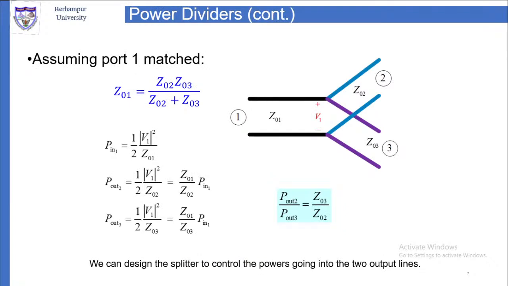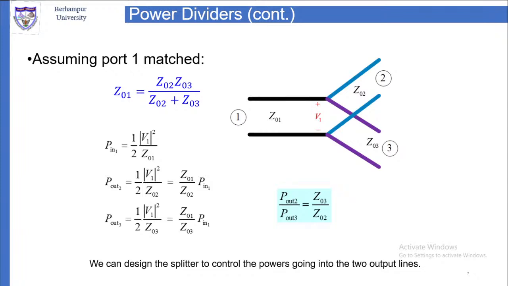Now let us assume that port 1 is matched. When port 1 is matched, Z01 is equal to Z02 Z03 by Z02 plus Z03. This we have seen in the previous slide. Find out what is the power.